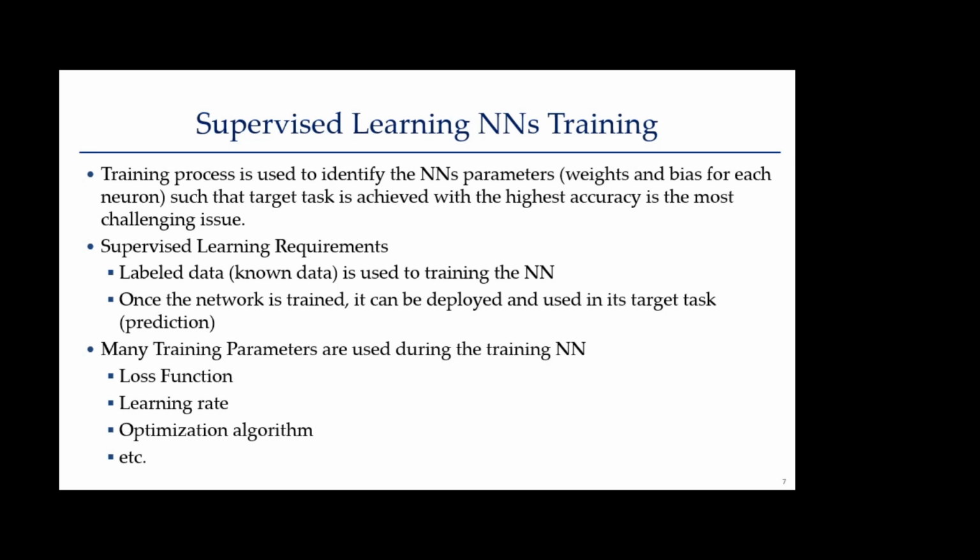In order to do this, we need to define some labeled data that can be used to train and test the accuracy of the neural network. Once the network is trained, it can be deployed and used in any product or program to perform the given task. There are many parameters that need to be determined for training. This includes loss function, learning rate, training optimization algorithm, and other parameters.